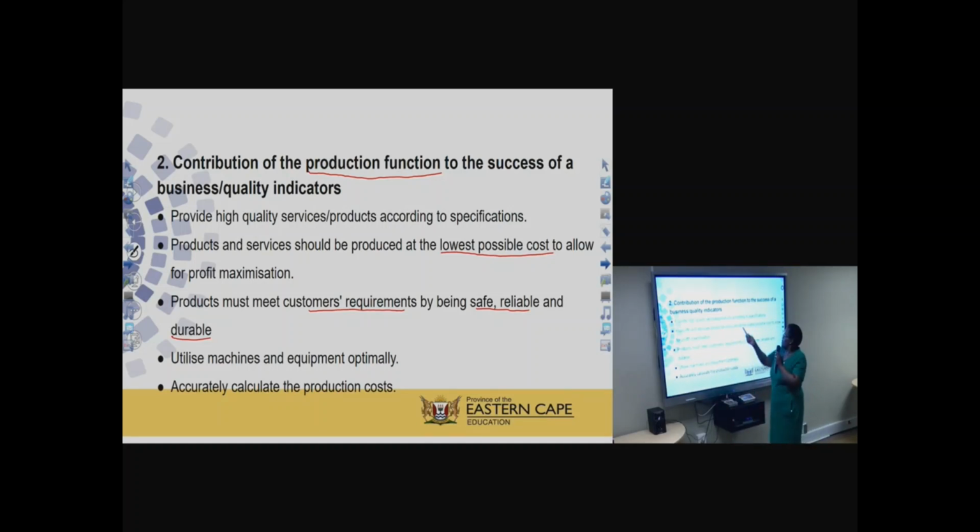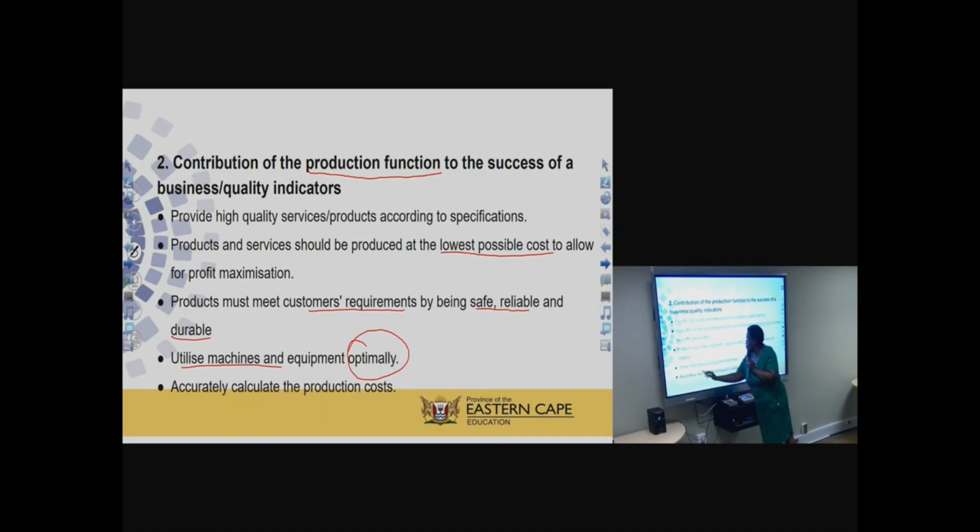We are using machines in the production function. We must utilize them optimally. Optimal utilization of machines: you may have invested in a machine, buying it using capital. Then if that machine can't work properly, it means that is not a performance indicator.